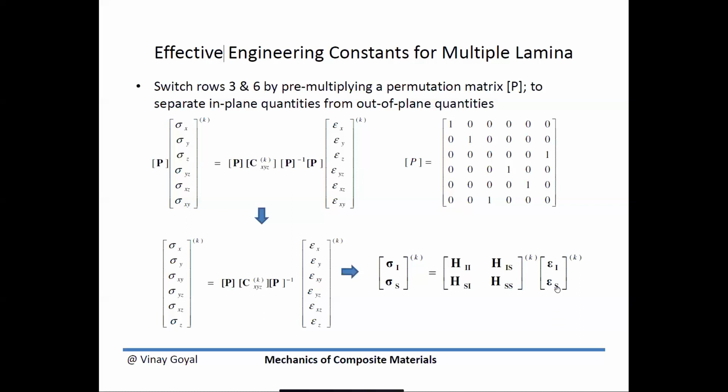And we did the same for the strains through the thickness as well. So what I've done here is put things in a way that I can apply Chow's theory.